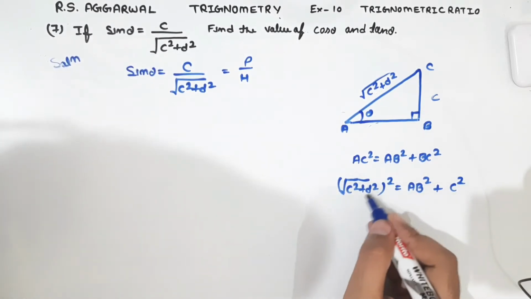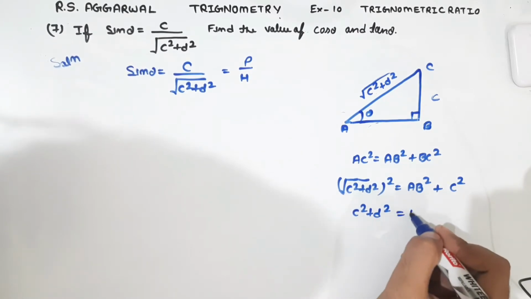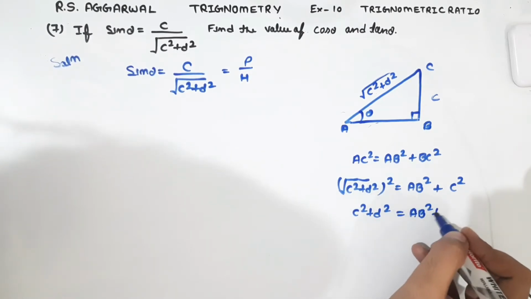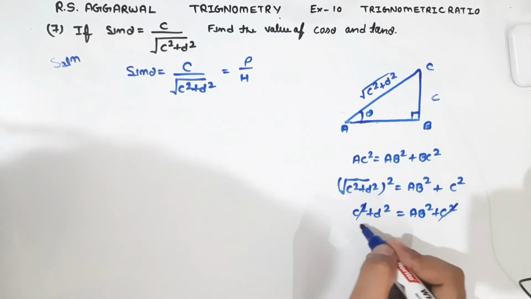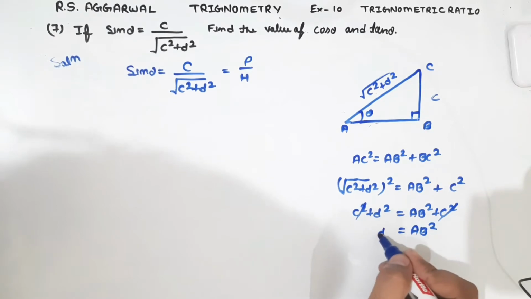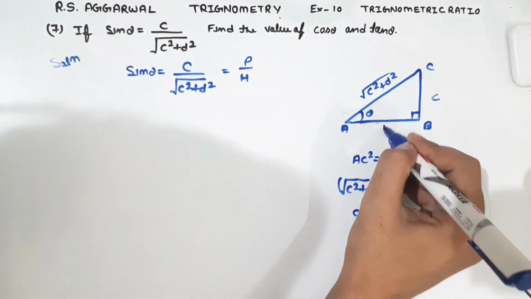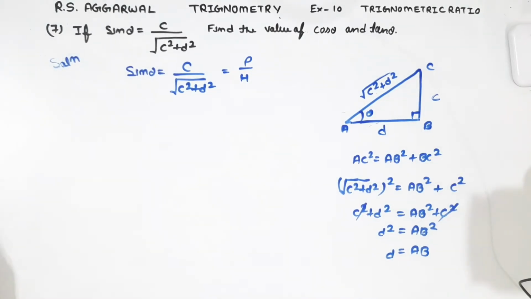So from here this will be c square plus d square equals to AB square plus c square. C square will be cancelled out. So from here AB square will be d square. So from here AB will be equals to d. So this is our base.